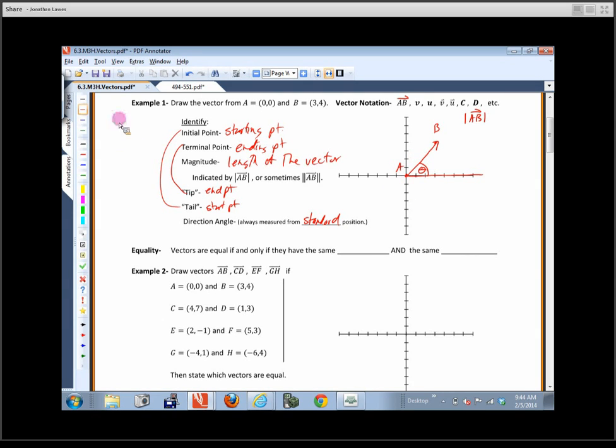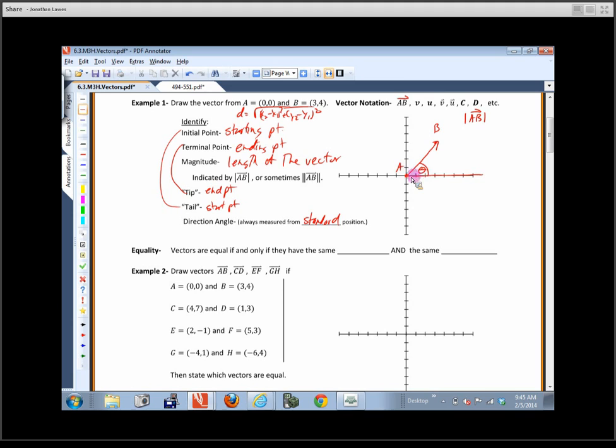So we could do d equals the square root of (x2 minus x1) quantity squared plus (y2 minus y1) quantity squared. We could do that. Or is there something that might be a little bit easier? What's the distance formula based on? The Pythagorean theorem.